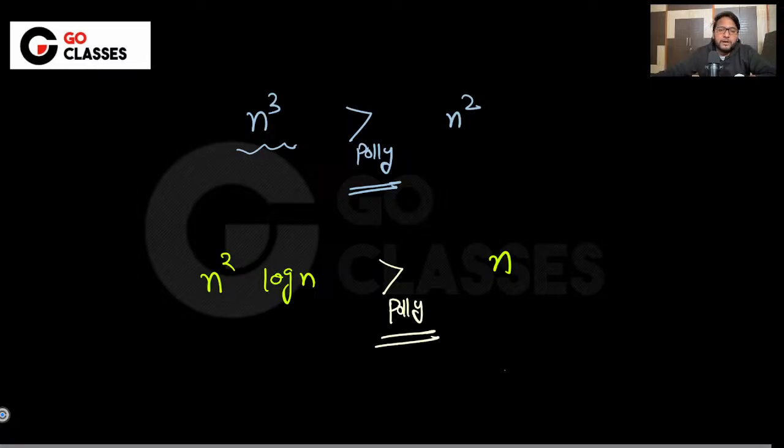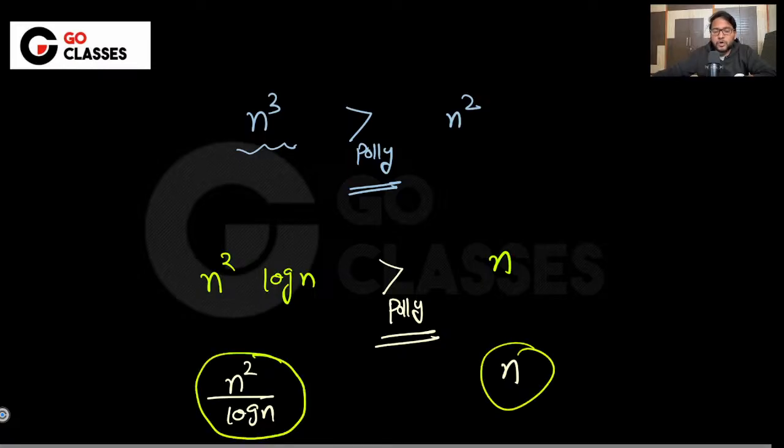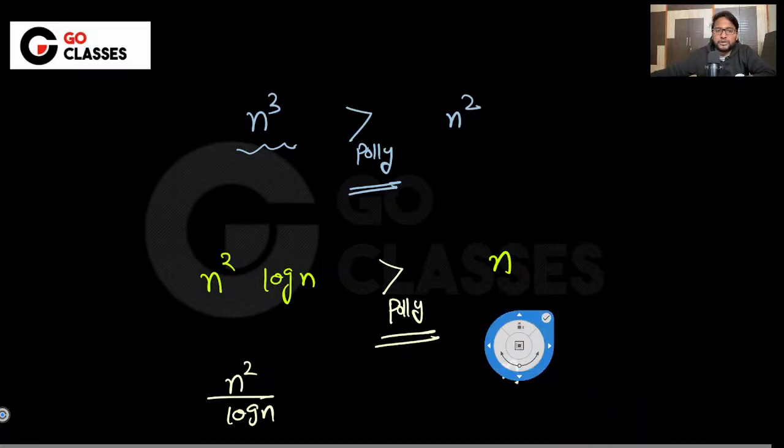Now tell me, is this polynomially greater: n square divided by log n and n? See here, this function n square divided by log n and this is n. Is this relation polynomially greater or lesser? What do you think?